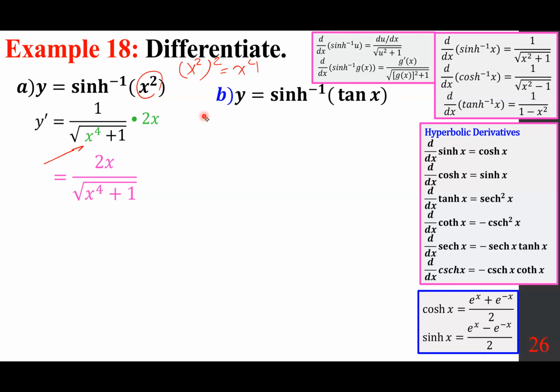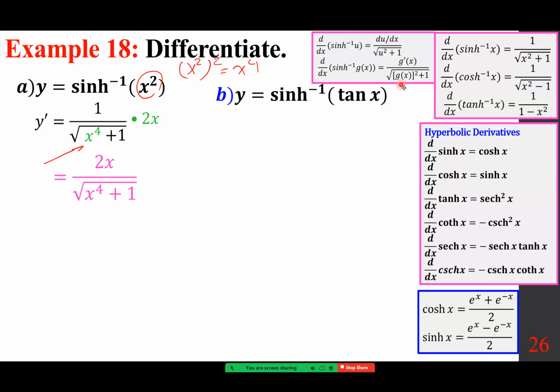Sinh inverse of tan x. Again, remember sinh inverse is your shell function. So you can write it in the same fashion without writing what's in there.